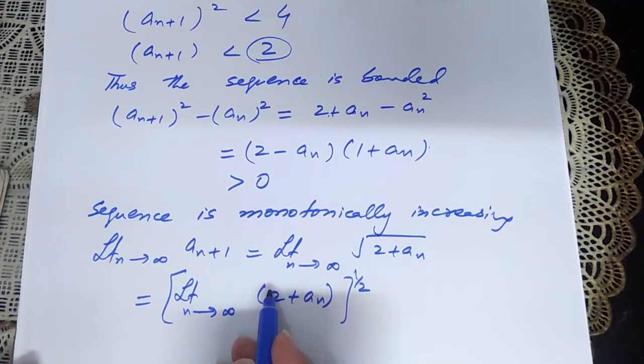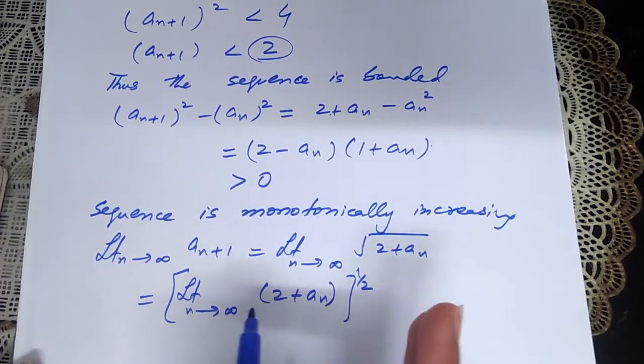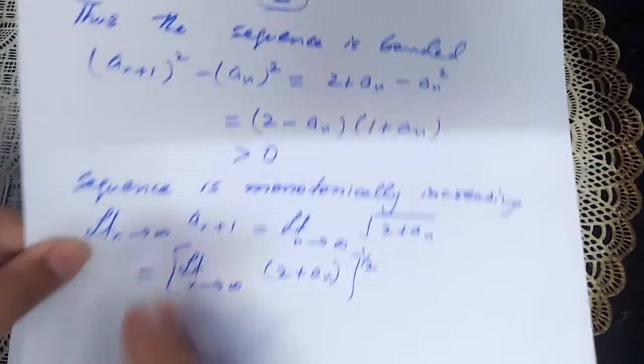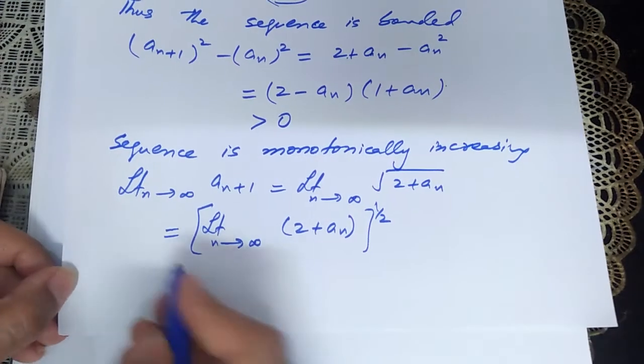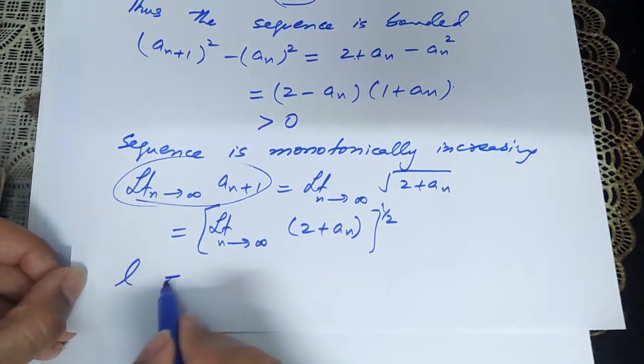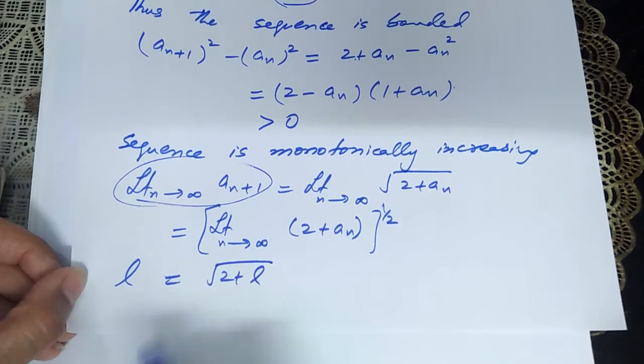Let's suppose the limit of the sequence is L. I'm giving the name to the limit. I'm replacing this limit with L. So here I will get under root 2 plus L.